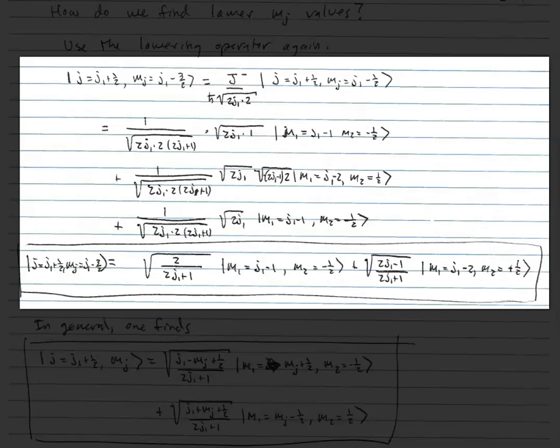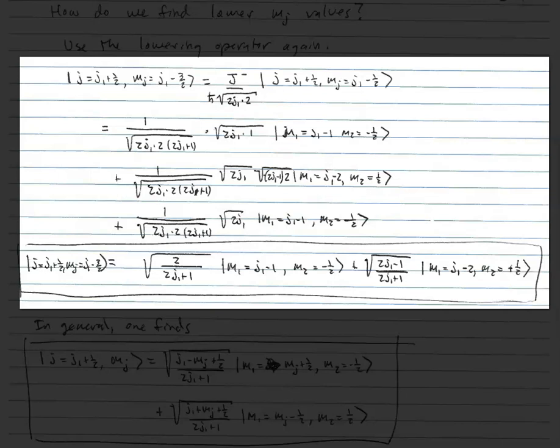And then what you have to do is you have to work out what that state was, and you have to go in and you have to plug in what that is in terms of the operator acting on the state that has m1 and working on the state that has the particular m2 value. You know, with the m2 value, you can't lower the state that has minus a half, but you can lower the state that has m2 equals plus a half. For the m1, when you look at the different linear combinations, you can lower it in both places. So we end up with 3 terms here.